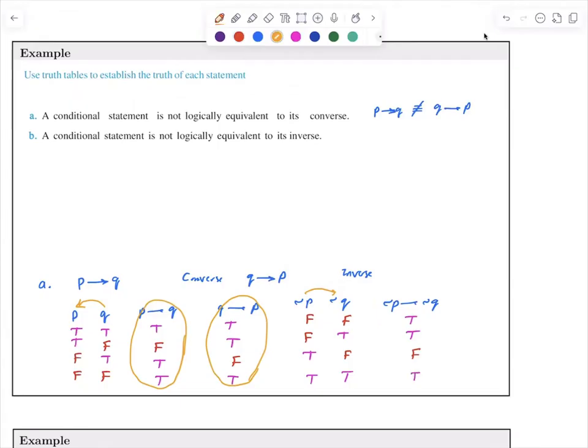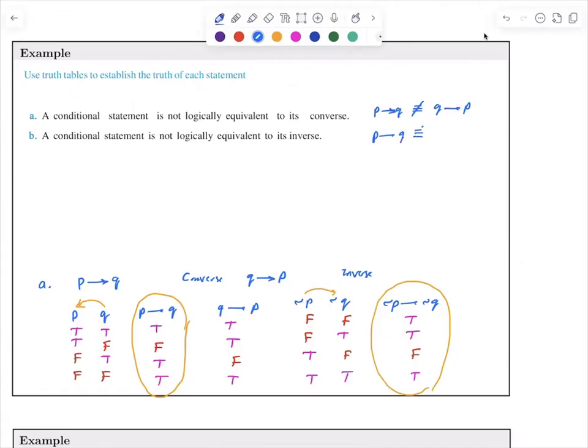So as you can see, if you compare P then Q and its inverse, they have different truth values. So far we showed that P then Q is not equivalent to its converse. It's not equivalent to its inverse, but it is equivalent to its contrapositive.